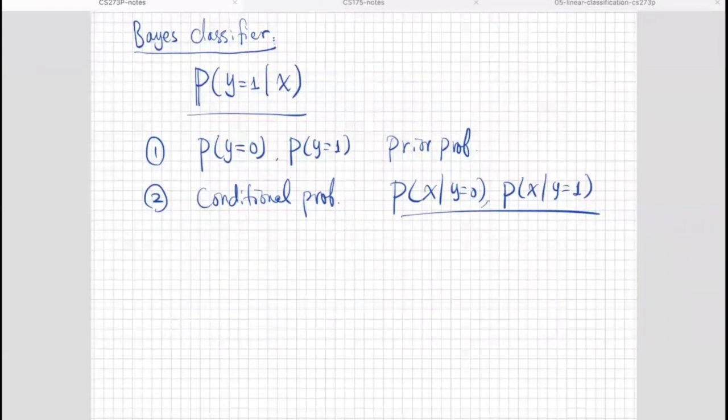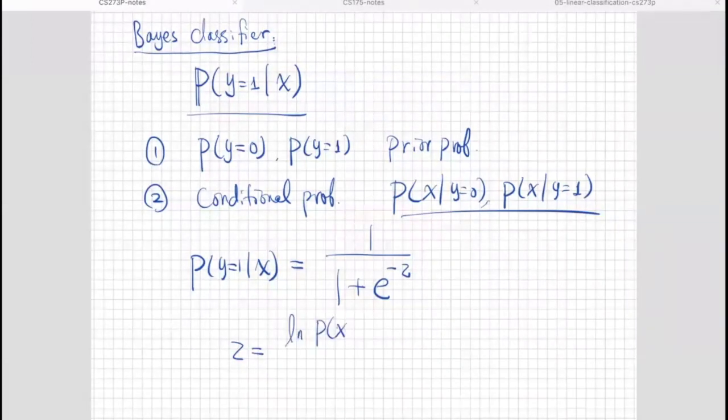In that case, the posterior probability of y equal to 1 conditional on x would be 1 over 1 plus the exponential of this log ratio score z. And z is the log of the ratio of the probability of x given y equal to 0, divided by the probability of x given y equal to 1.